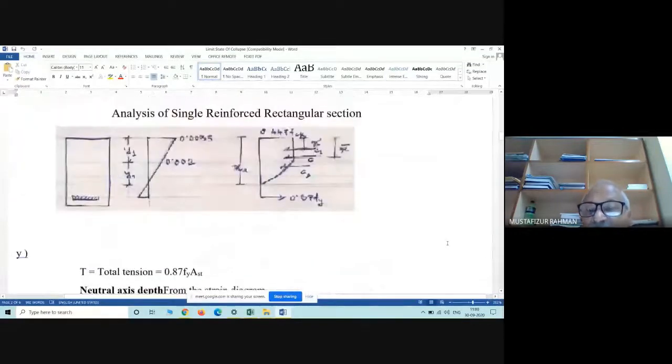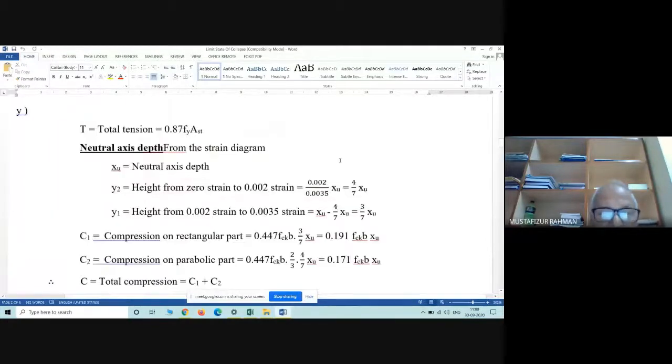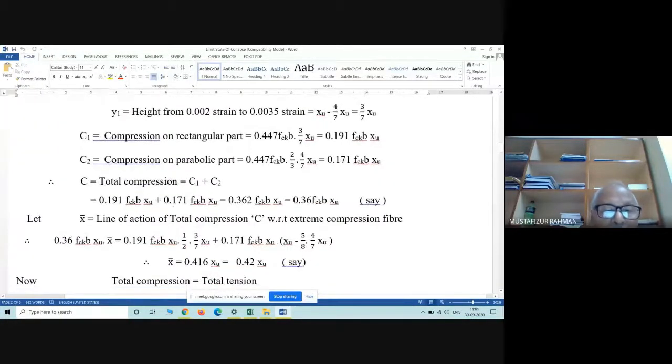See this figure, this is C. The depth from the extreme compression surface is x bar. How will we find it? Again, you studied this even in school: multiplication of moment, 0.36 fck b into xu into x bar, which is C into x bar. That means we are taking moment of all the forces with respect to the extreme upper surface of the section.